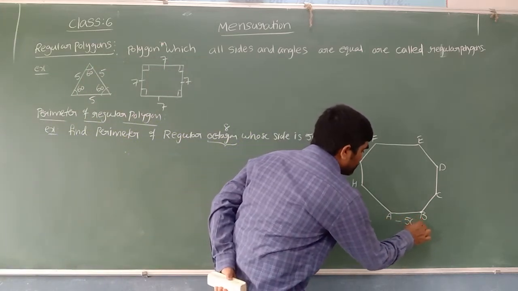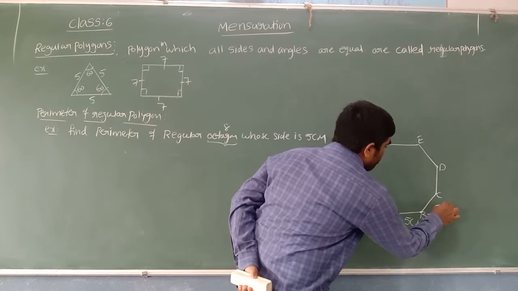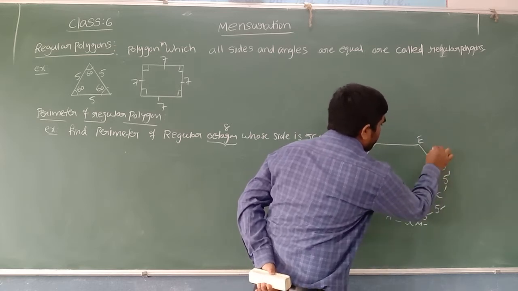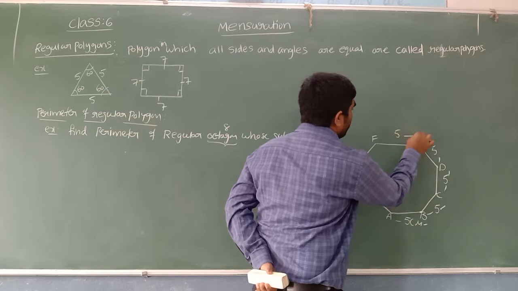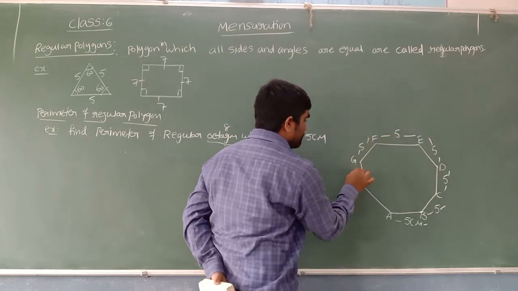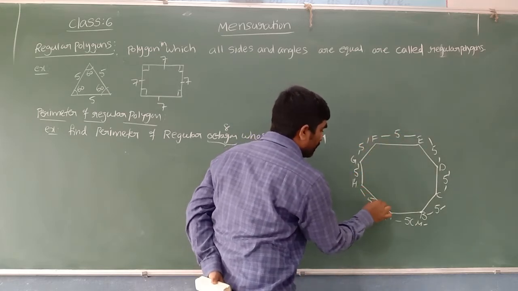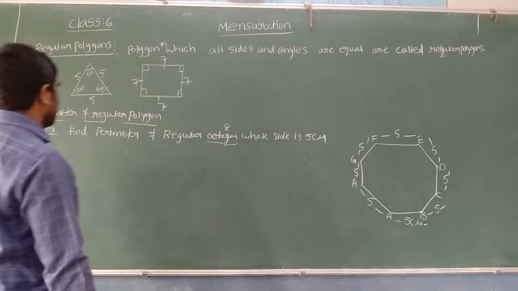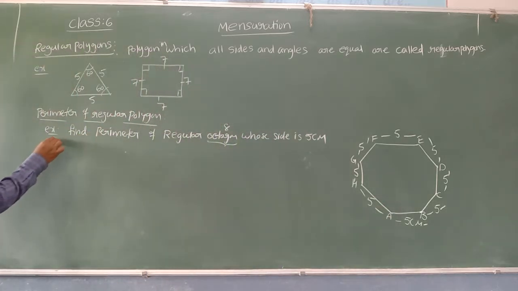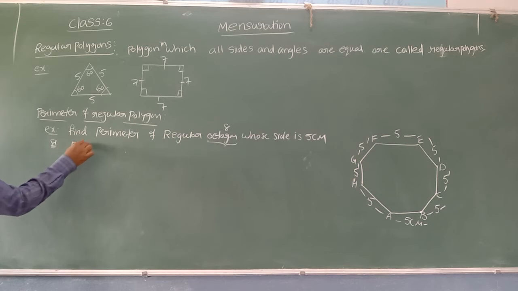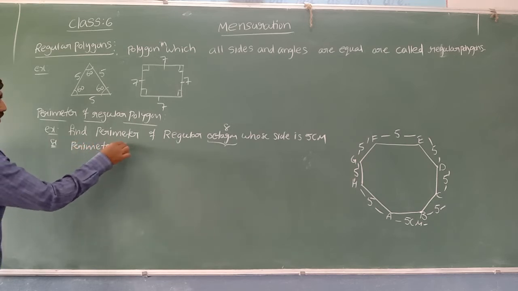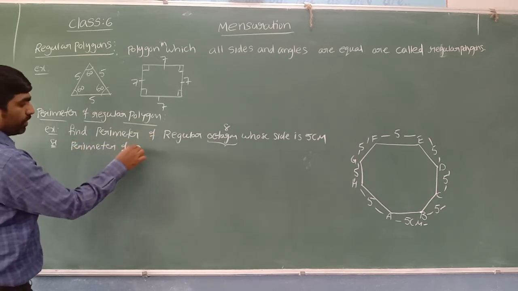Suppose AB length is 5 centimeters, BC is also how much? 5. 5, 5, 5. So all the sides are equal. Then only it is called a regular polygon. So how can I find the perimeter? Let's see. So the perimeter of a regular octagon.